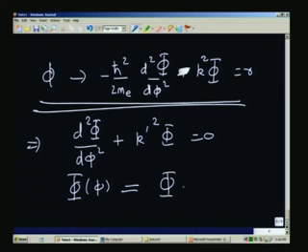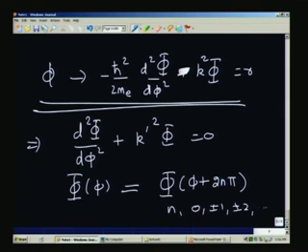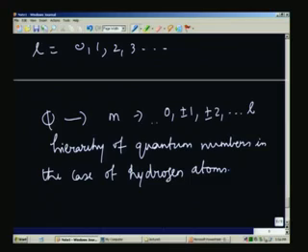The wave function phi part must satisfy small phi plus 2n pi, where n can be 0, plus minus 1, plus minus 2, etc. Therefore, this introduces a quantum number for the phi part m, which I had just written down here as 0, plus minus 1, plus minus 2, etc.